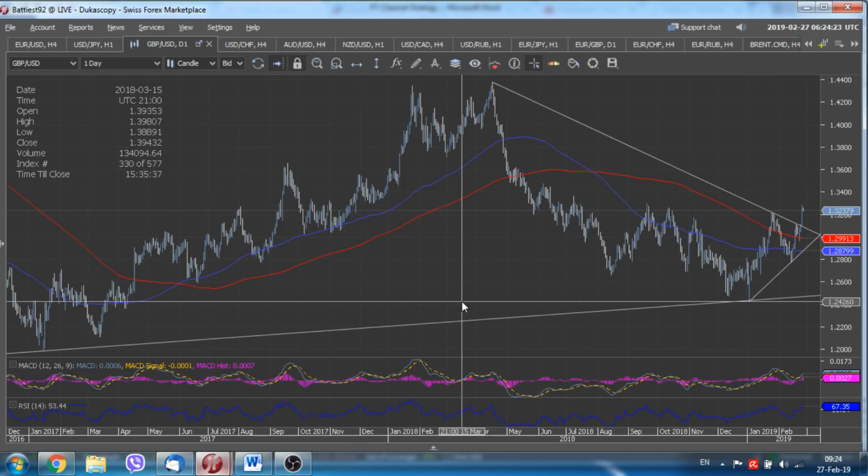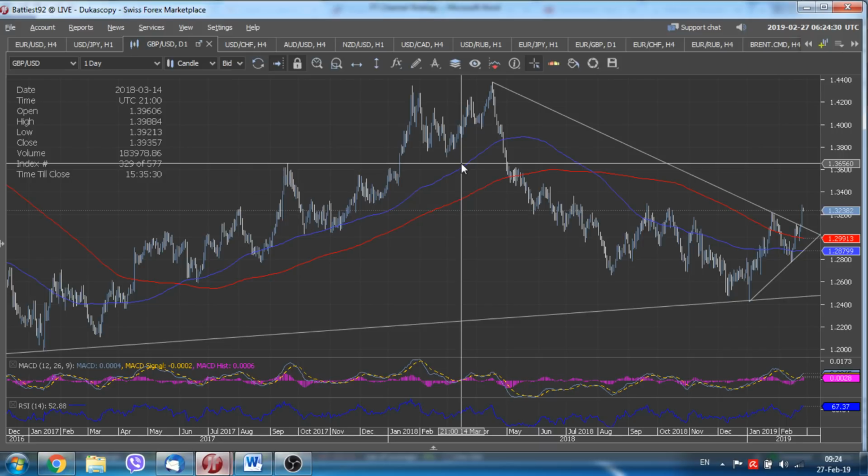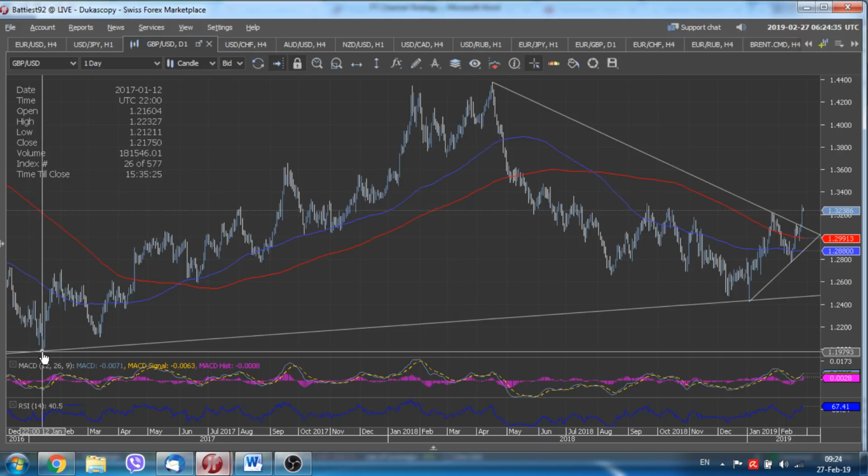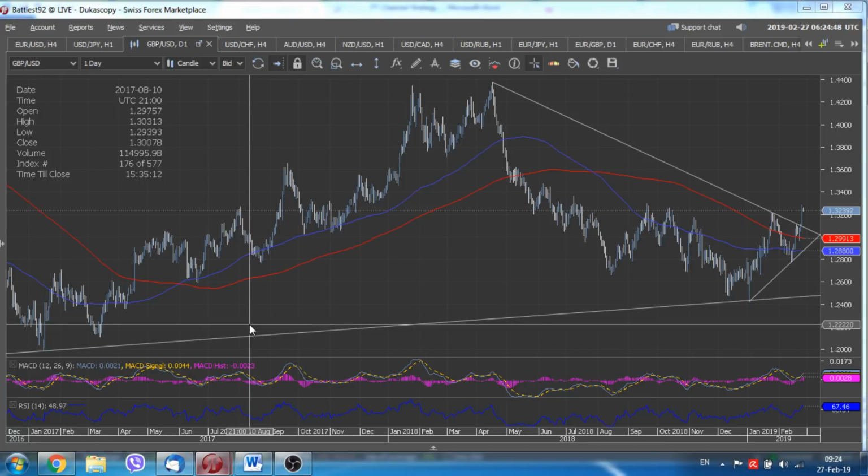In case of breaking above that barrier, probably we could say that the cable is back to its uptrend we witnessed during 2017, when the pound rallied from the lows registered in 2016 because of the announcement of Brexit.